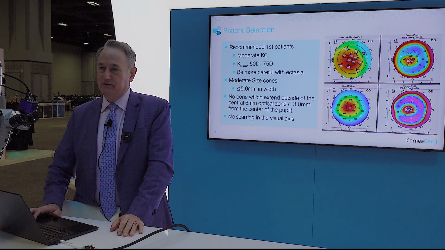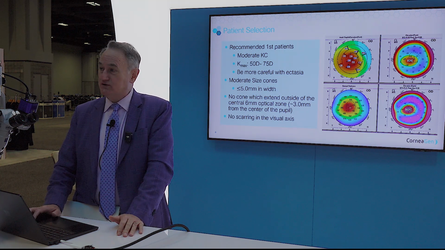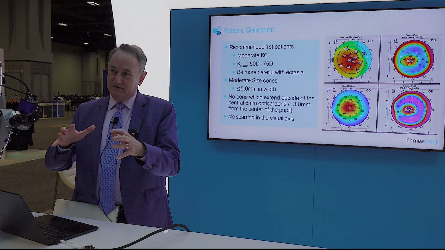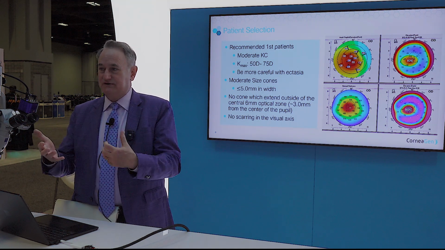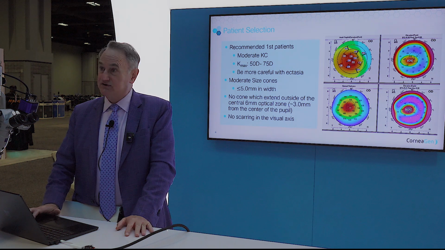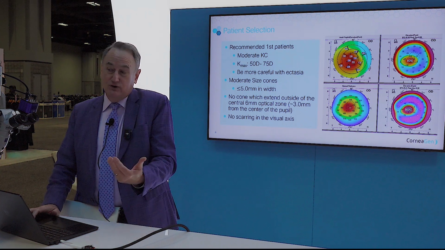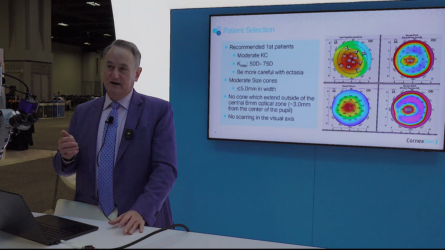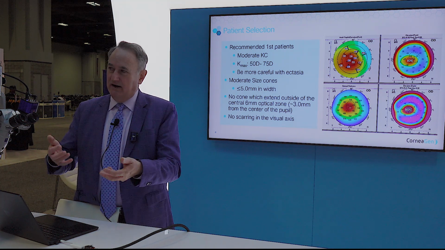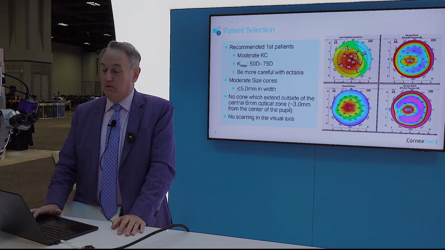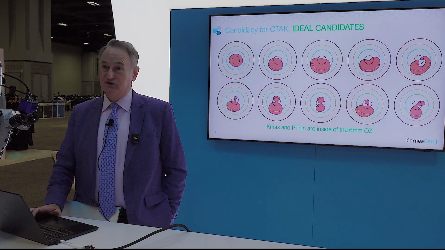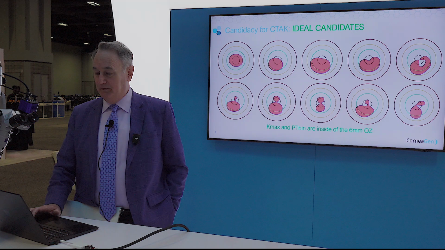And again, like I mentioned, if there's significant scarring in the central portion of the visual axis, even though you get an improvement in the shape, you'll sometimes displace how that scar sits, and so that can still be visually significant. Again, I do some patients that have some scarring, but those patients have a different expectation that I've tried to help outline for them when I'm talking about the procedure for that specific patient.